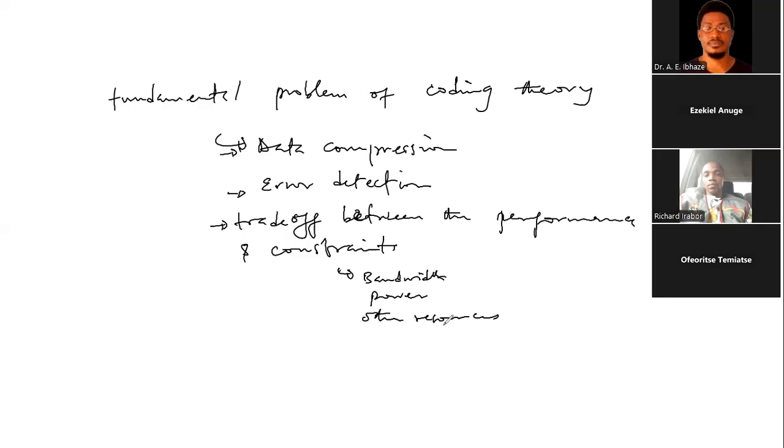Why should we worry about the bandwidth requirement or the transmission power requirement? Why should we be bothered about some other interesting resources in terms of the signal to noise ratio, the bit error rate, and all of that? Why should we be bothered about the performance metrics and possible constraints? Why?